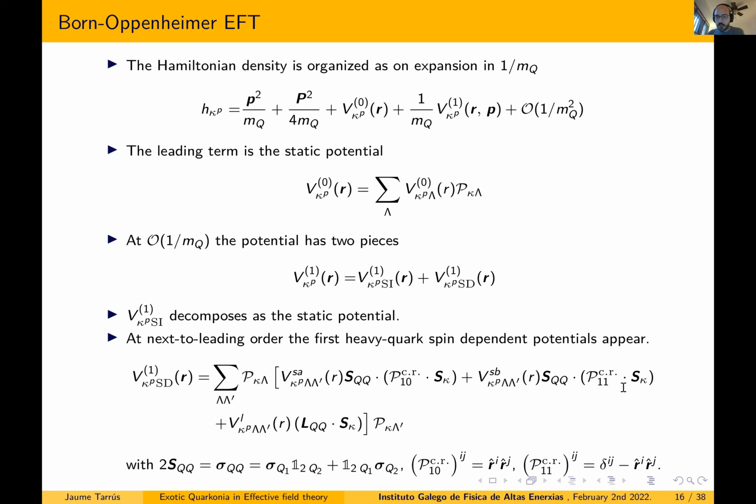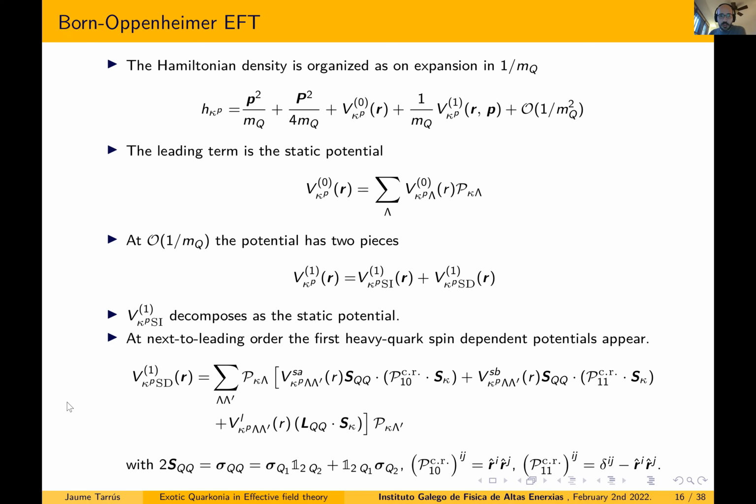So we write these two possible couplings. For the angular momentum of the heavy quarks, this is orthogonal to r hat, so there is only one possible way of contracting this. And then finally, we need to multiply on both sides with the projection matrices to obtain the most general set of operators. And this is how we construct this general set of operators depending on the spin or the angular momentum.